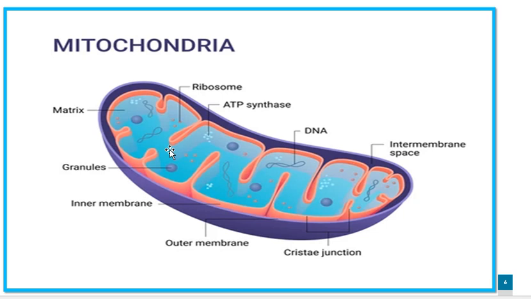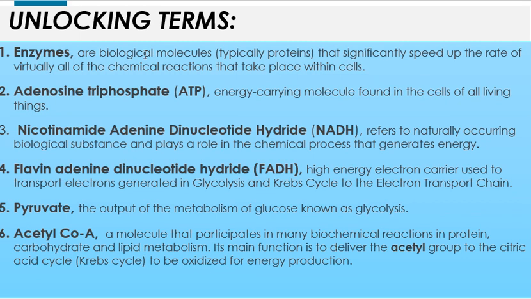We will first unlock the terms that we will use in the process of cellular respiration before we proceed to the processes. So, unlocking of terms. As we go through the three types of reactions in cellular respiration, we will be encountering many enzymes. So, what are enzymes?